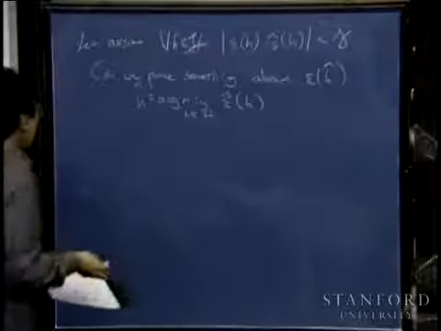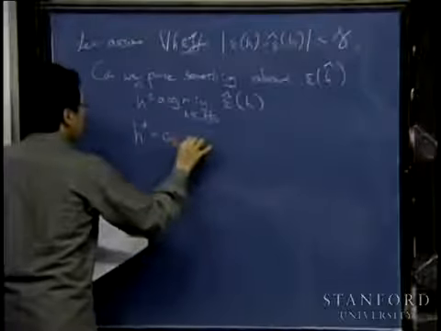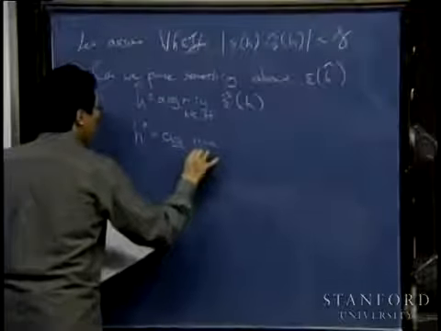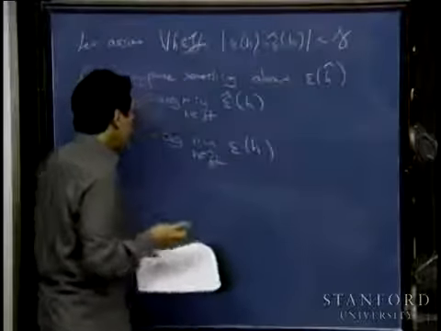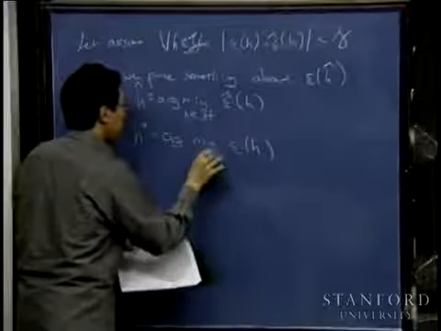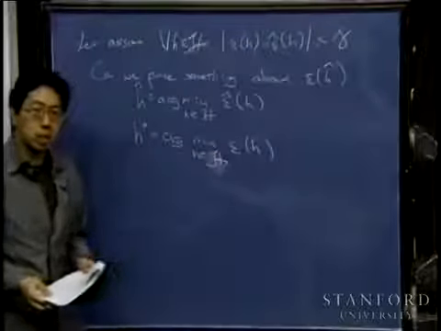In order to show this, let me make one more definition. Let me define H star to be the hypothesis in my class script H that has the smallest generalization error.